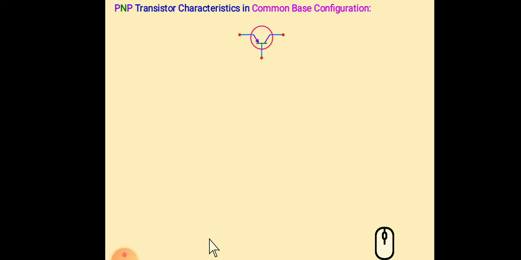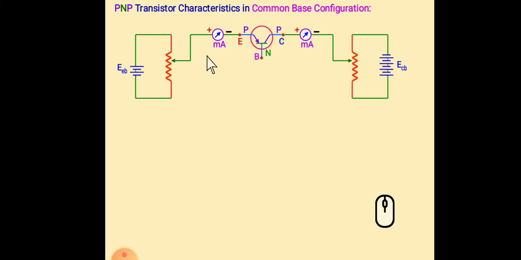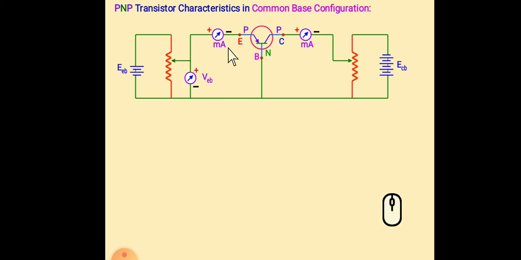So if we want to find the input and output characteristics in case of PNP transistor, we need an ammeter at the input and at the output also. To get the voltage, we need a voltmeter at the input. So as it is connected to emitter base, this is emitter base voltage, and this is emitter current. Here we can find out the emitter current.